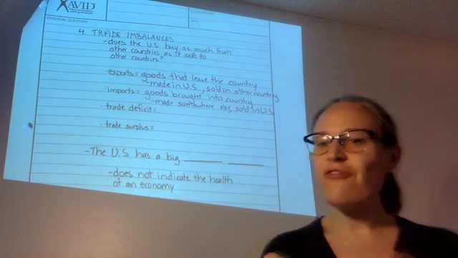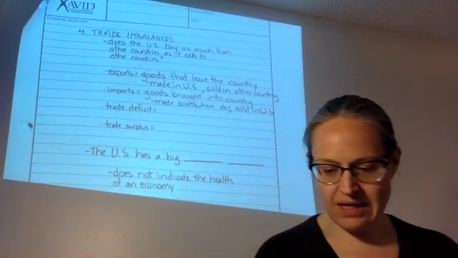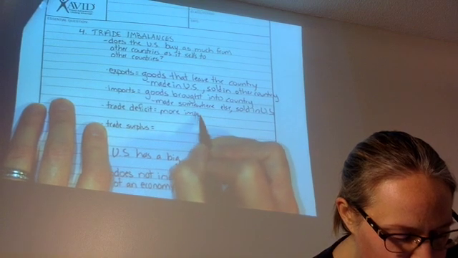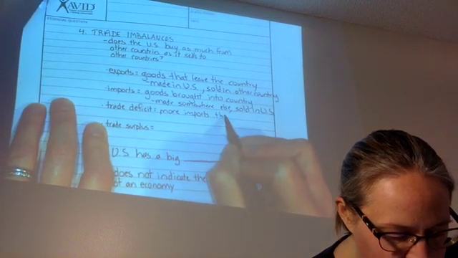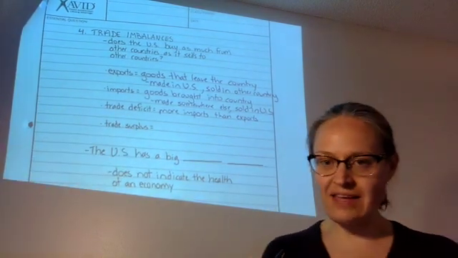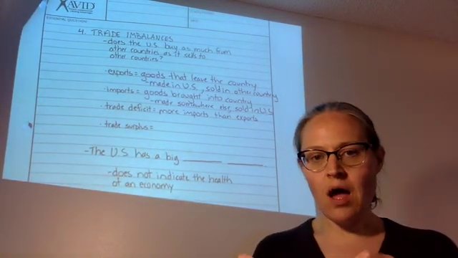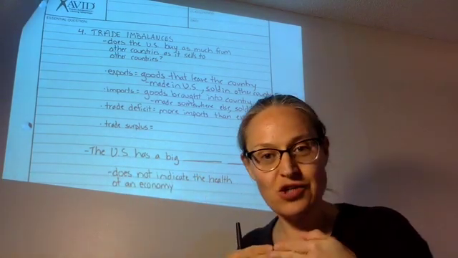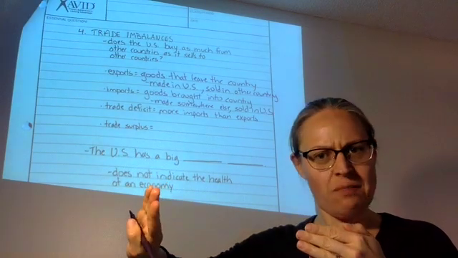A trade deficit means that there are more imports than exports. So a trade deficit means that they're importing a lot of stuff, bringing a lot of goods into the country, but not exporting as much.